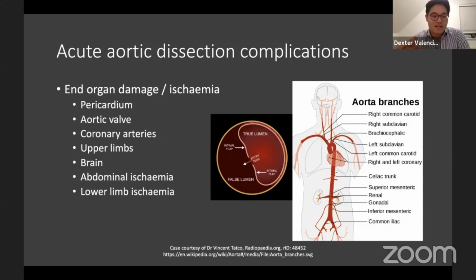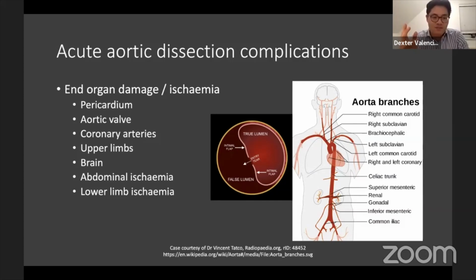That's really bad. It could involve your aortic valve, so you get aortic regurgitation, so you're not getting enough blood around the body, which again, really bad. You can dissect and block off your coronary arteries, which will give you your classic acute coronary syndrome or myocardial infarction. Again, very bad.